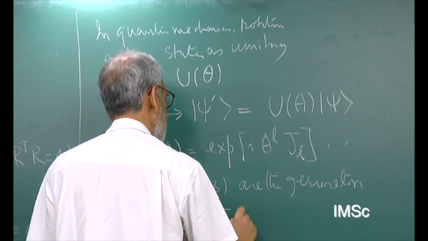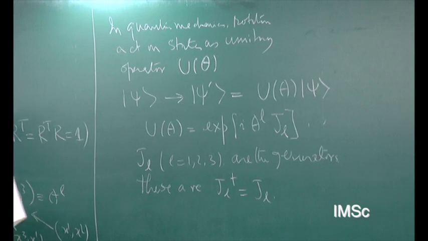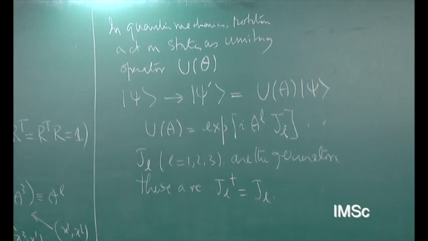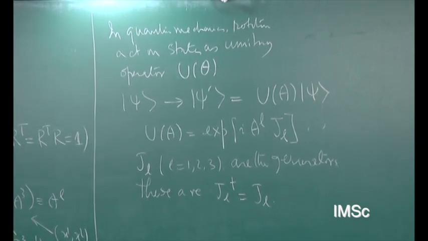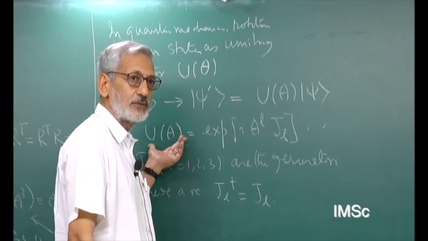The J_l Hermitian conjugate is J_l. So 3 Hermitian generators exponentiated and multiplied by theta make the unitary transformation.